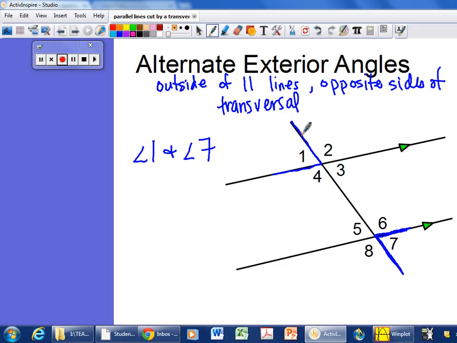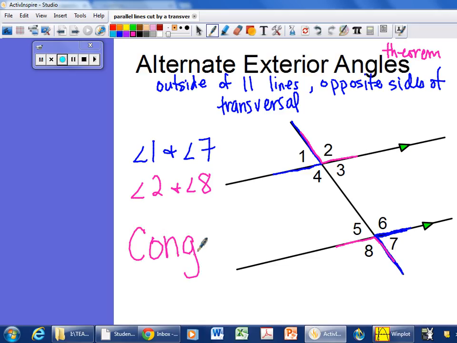The other pair would be angle 2, which is on the outside of your parallel lines, and angle 8, which is opposite of the transversal. So here is a pair of alternate exterior angles. And there's also a theorem associated with this one. If parallel lines are cut by a transversal, then alternate interior or exterior angles are also congruent.